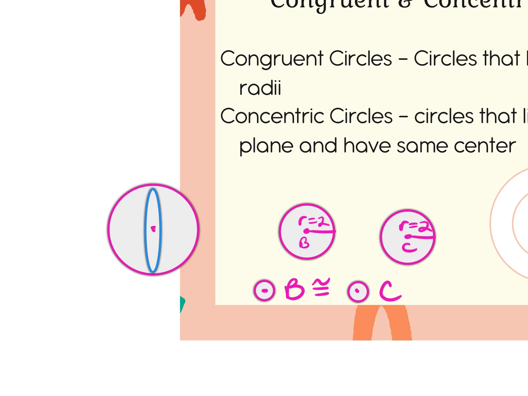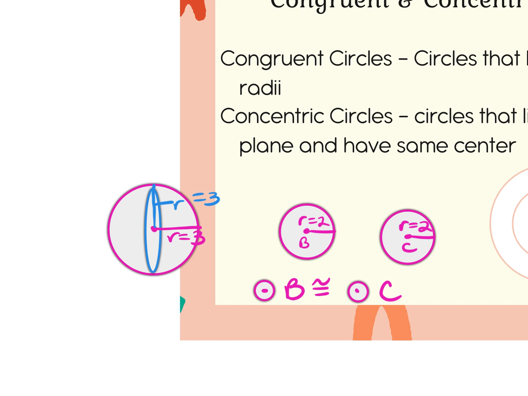So let's say I told you this radius was 3, and then the blue one also had a radius of 3. These would be congruent circles. I'm trying to draw it 3D, but just know that those circles would be congruent if they have the same radius length.